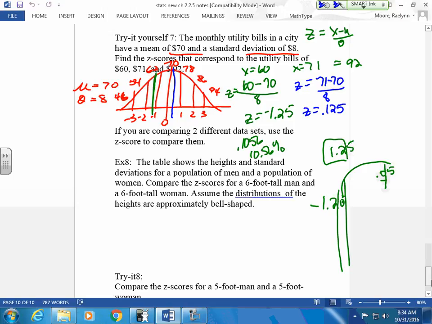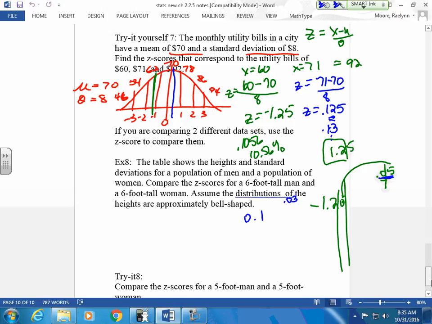Now, this is tricky on your table. I can only round my z-scores to 2 positions, because up here they only give me 2 positions. So what should I round this to? 0.13. Now, how do I find this on my chart? I'm looking up the 0.1, and then I'm coming across to the 0.03.